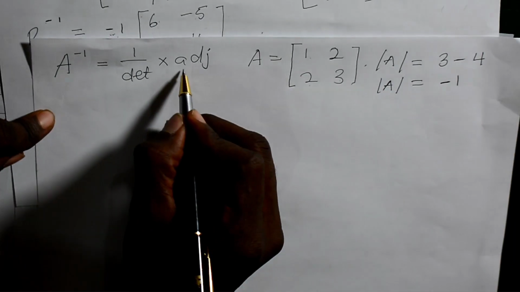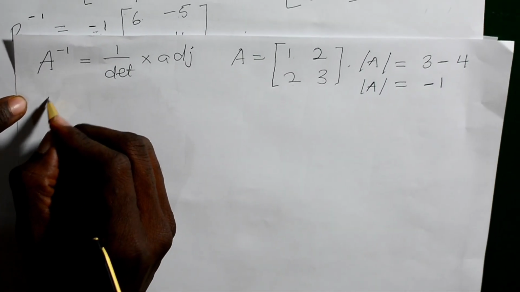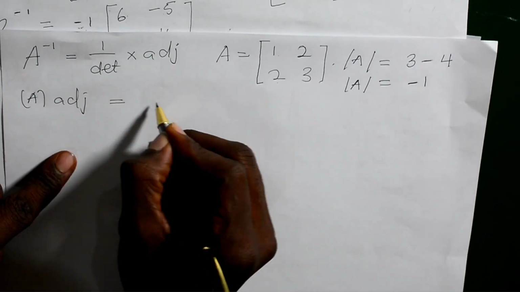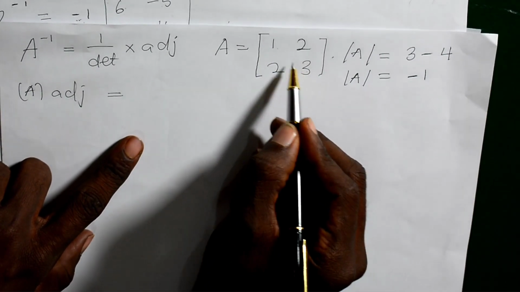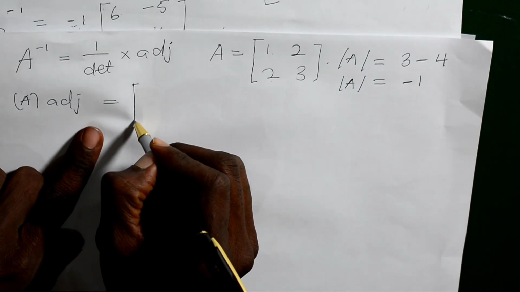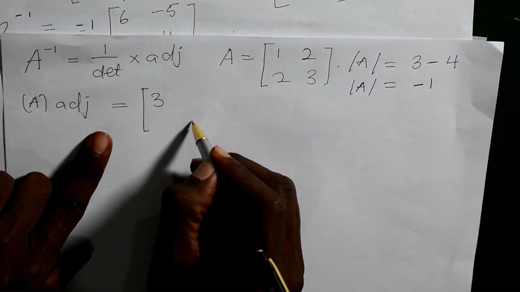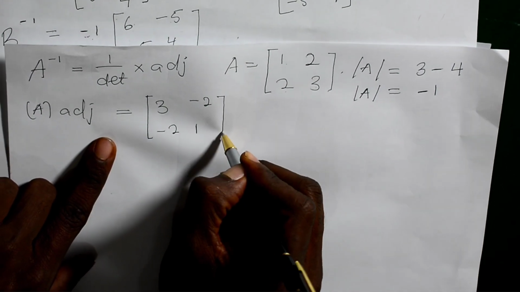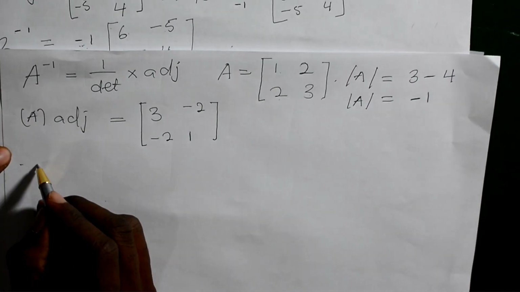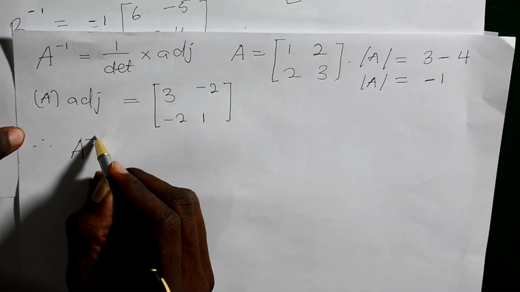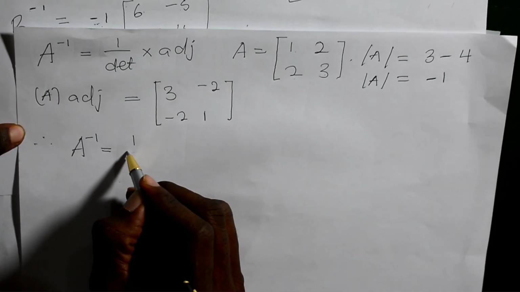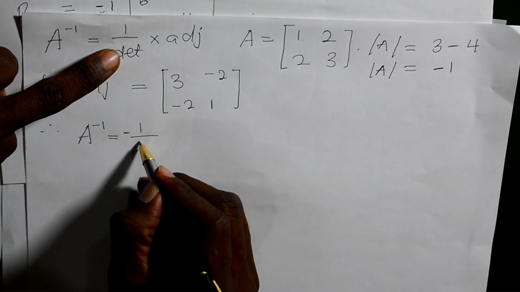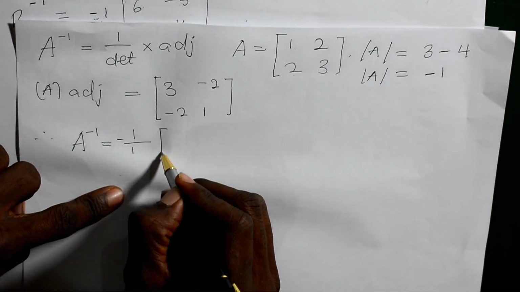So now we are going to find the adjoint of A. Adjoint of A will be equal to, then we change and negate. That is 3 and 1, then minus 2 and minus 2. So this is the adjoint of A. Therefore, A inverse will be equal to 1 over the determinant, minus 1, times the adjoint matrix.